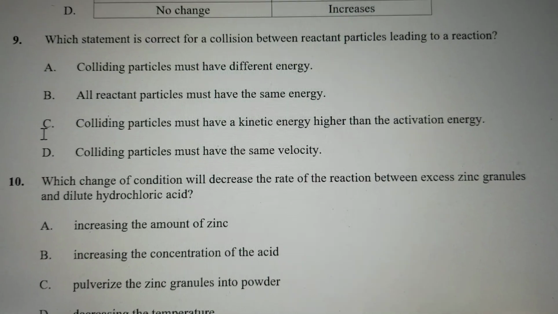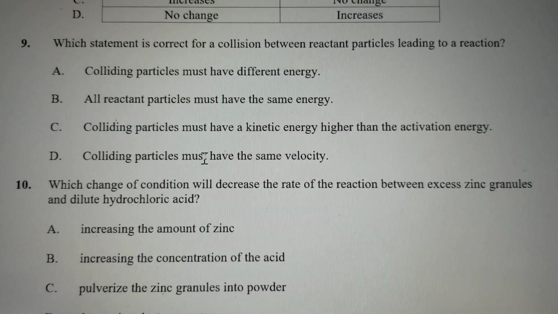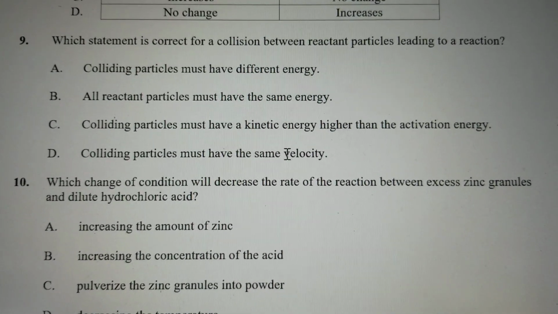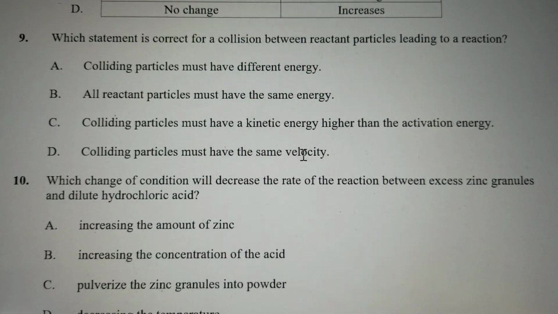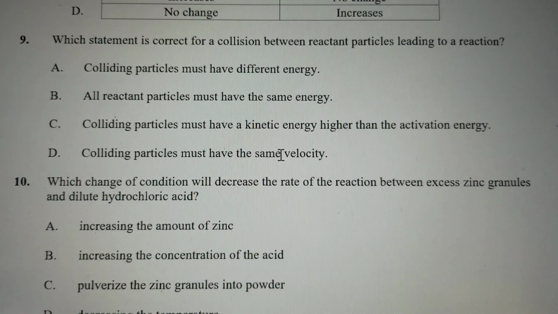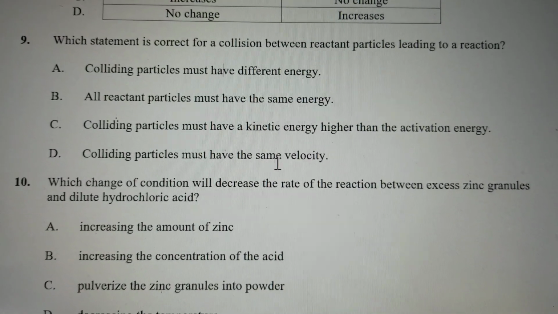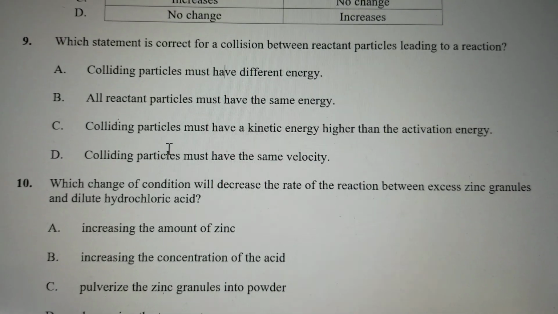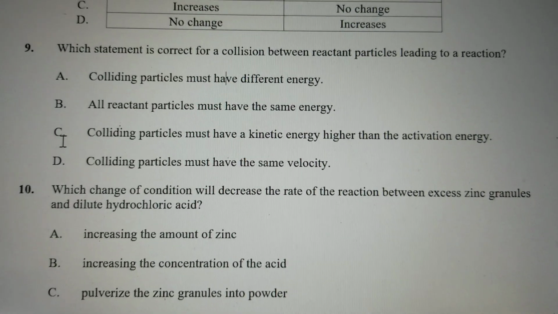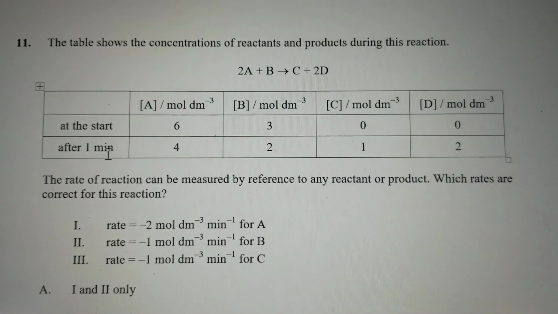So C is correct. D, colliding particles must have the same velocity. Again, not necessarily true. One could be going slower than the other, but they just have to have sufficient energy. So the collision theory does not say anything about velocity. So letter C is the correct option for number 9.